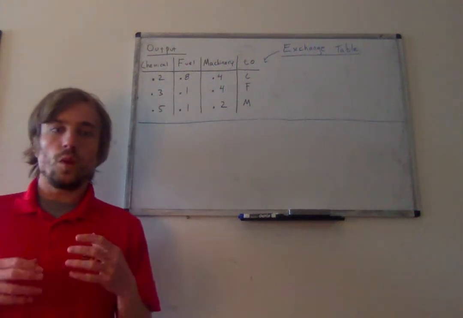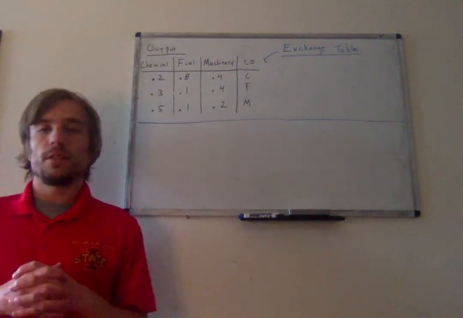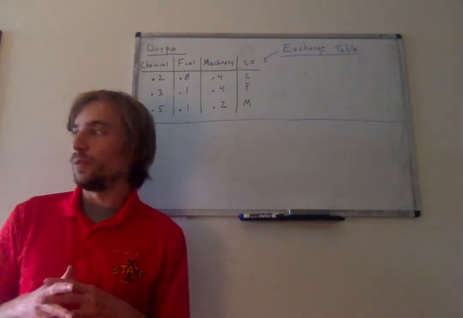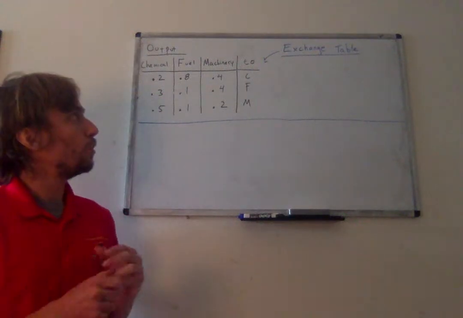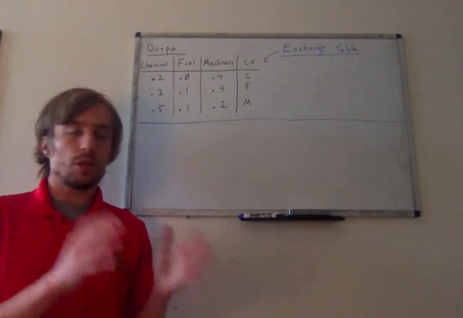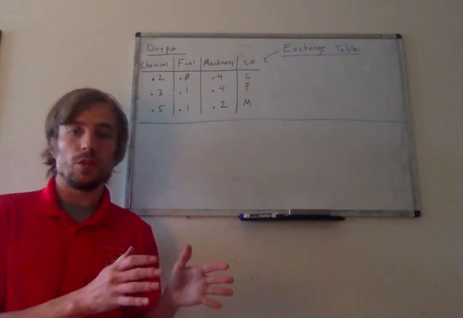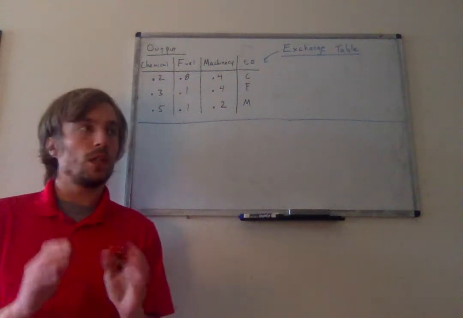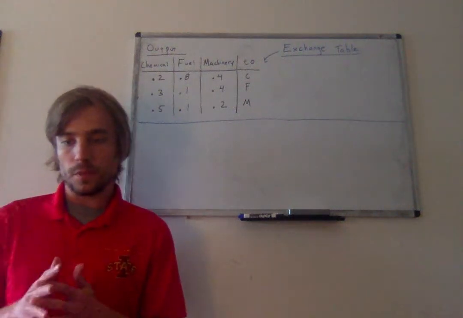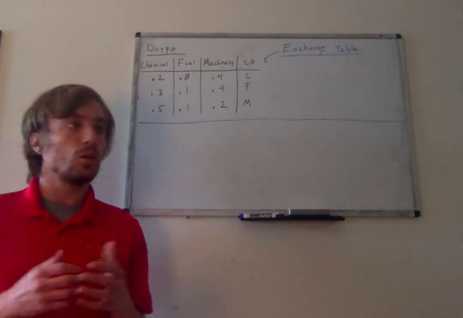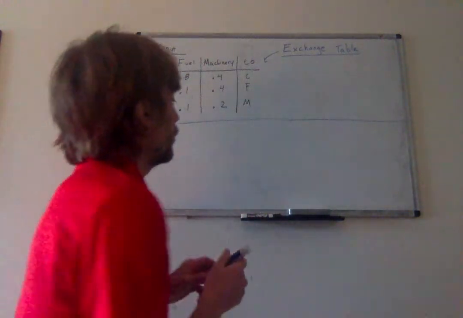And so our goal as economists, or mathematicians, in this problem is to say that chemicals should produce so many units, fuels should produce so many units, and machinery should produce so many units, so that we can reach what is called equilibrium.